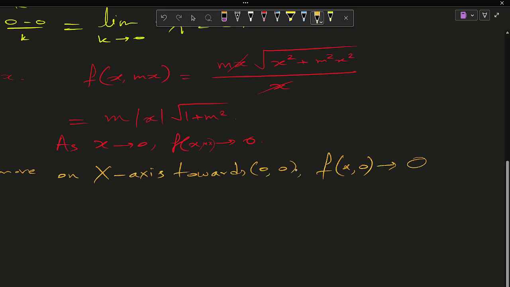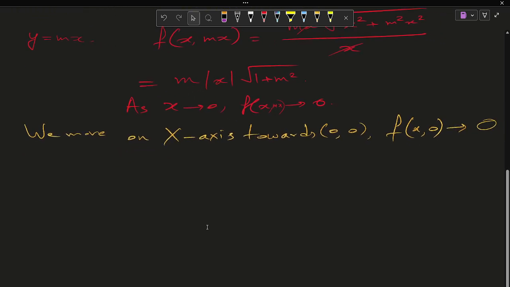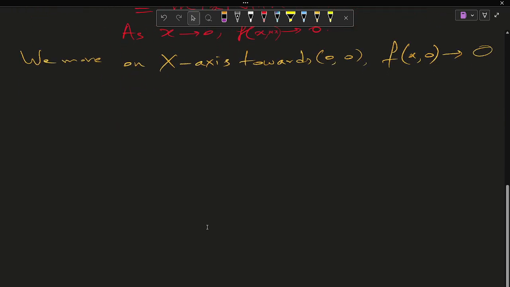Now we move on the y-axis towards (0, 0).